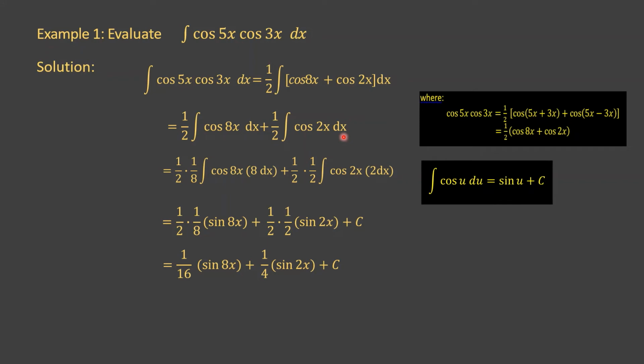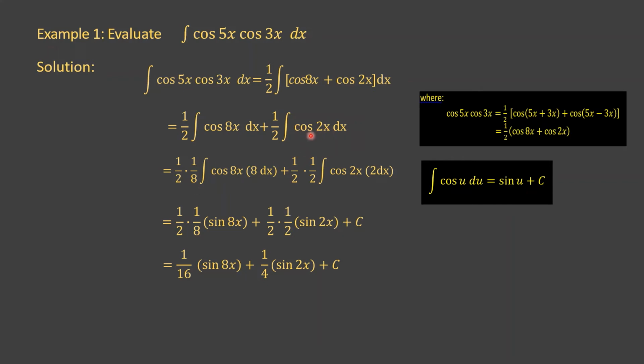Recall that we can fit these integrals to form cosine u du, of which the integral is just a sine u plus c. But in this case, our u is 8x. Hence, it would require a differential of 8 dx. Now, we introduce that constant factor 8. Make sure that you multiply the whole integral by its reciprocal. That's why we have there the factor 1/8.